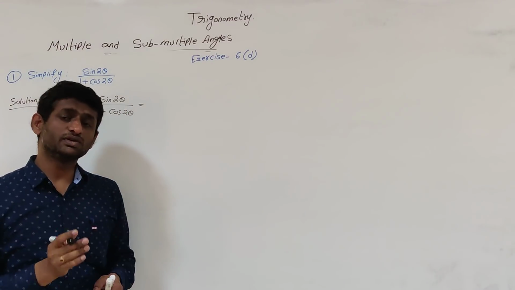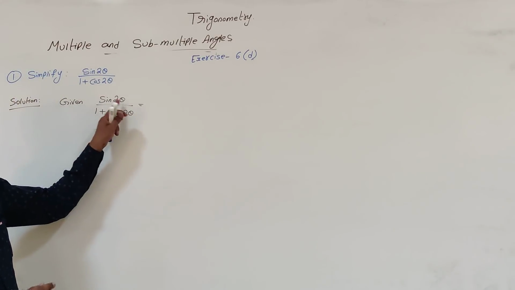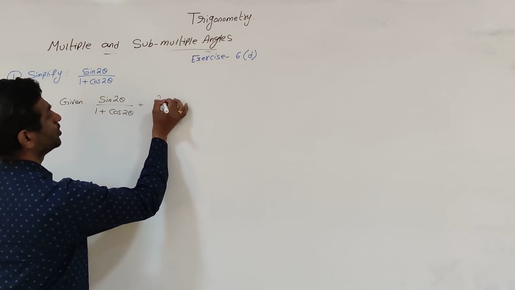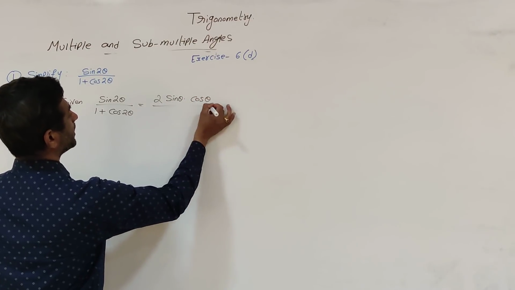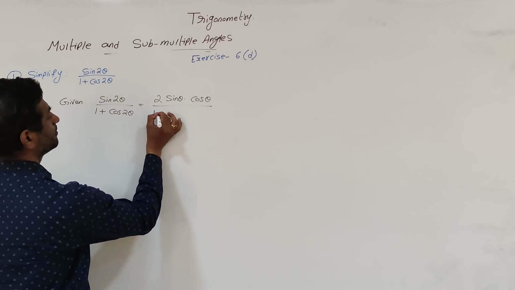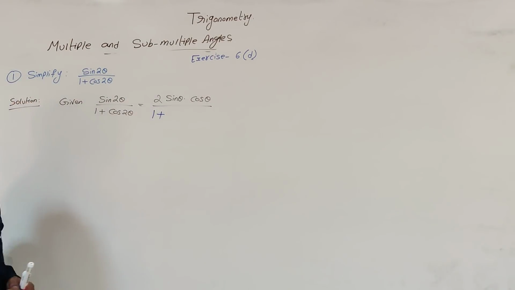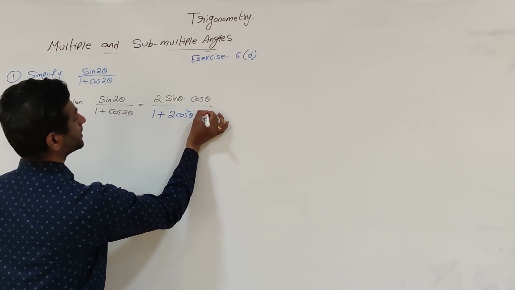As we have learned what is sin 2a, but in the place of a it is theta. What is sin 2 theta? It is 2 sin theta into cos theta, by 1 plus cos 2 theta. 1 plus cos 2 theta we can write as 2 cos square theta minus 1.